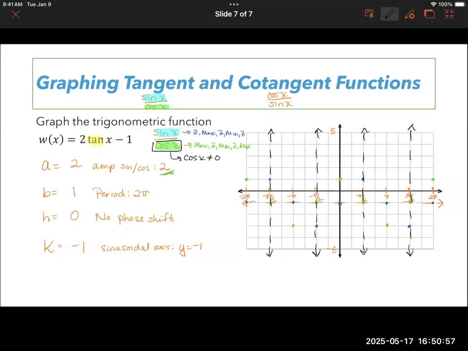Now, if it is the sine of x, because that's in the numerator in this case, if that's equal to 0, then any place we have the sine of x on the sinusoidal axis, that's actually a point on our tangent. So these blue points on the sinusoidal axis are points on our graph.